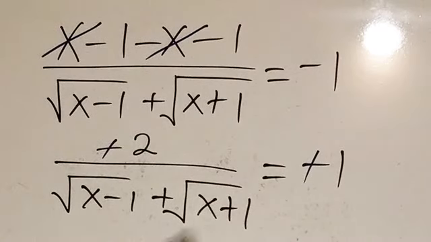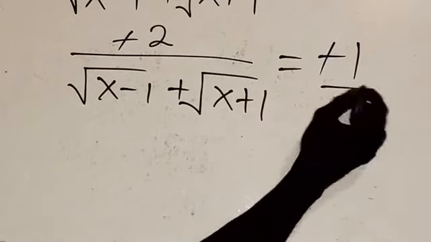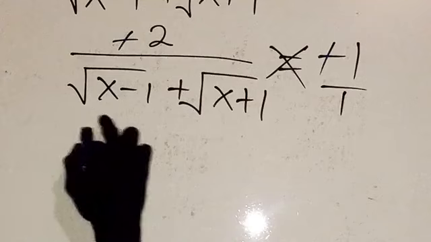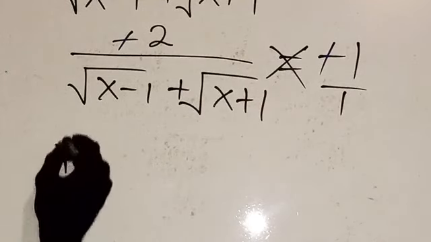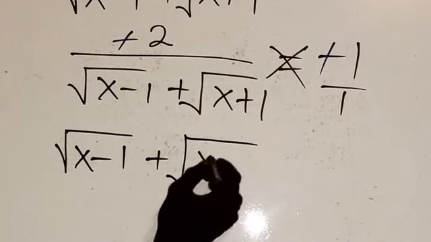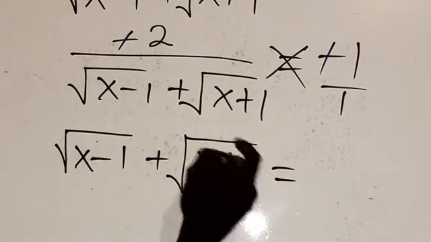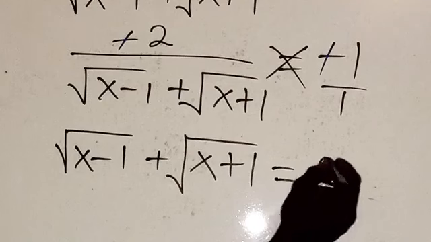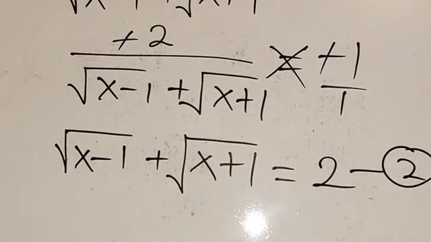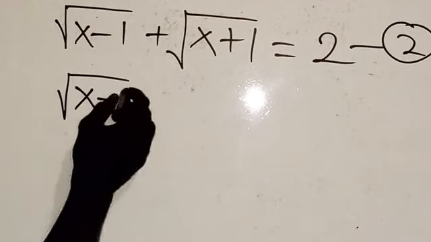If you cross multiply, we are going to have root x minus 1 plus root x plus 1 equals 1 times 2, or 2 times 1. We call this equation 2. Let us recall from equation 1, root x minus 1.